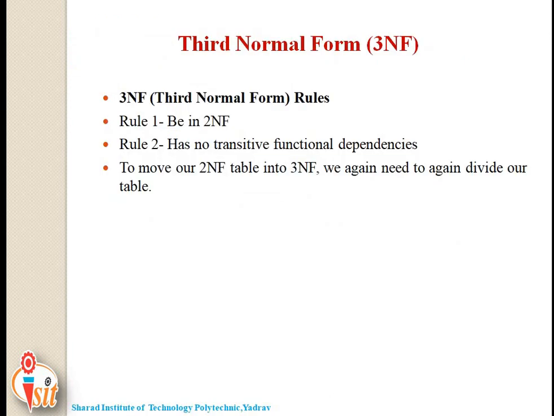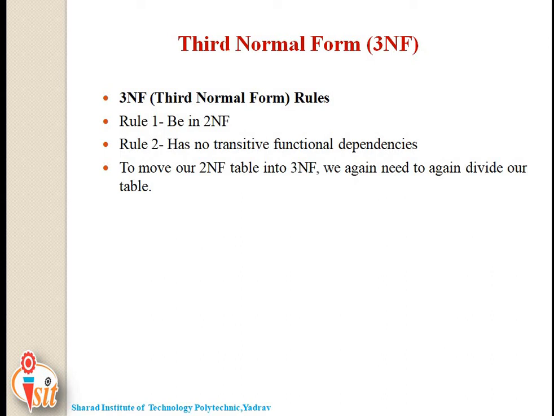What is third normal form? A database is in third normal form if it satisfies the following conditions. Again, similar to the second normal form, when the table is in second normal form, it should be in first normal form.